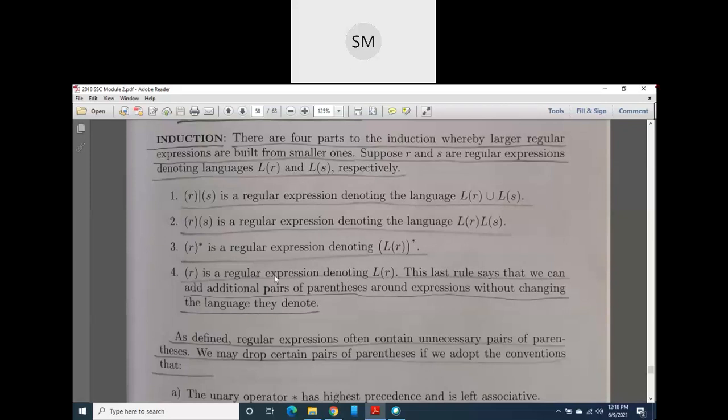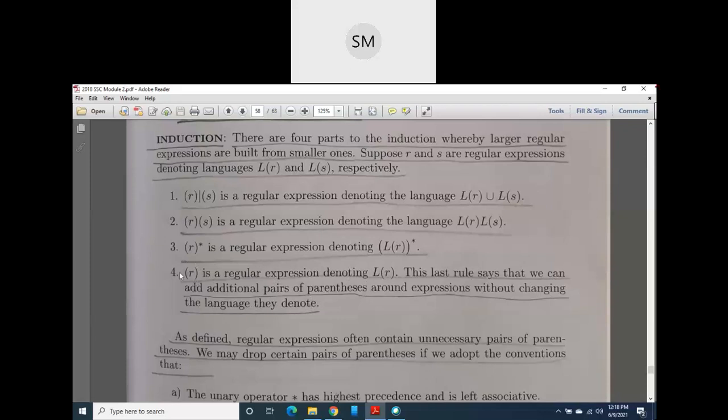So this last rule says that we can add additional pairs of parentheses around the expression without changing the language they denote. It means that instead of writing only R without parentheses, we can write R by enclosing it within parentheses also.